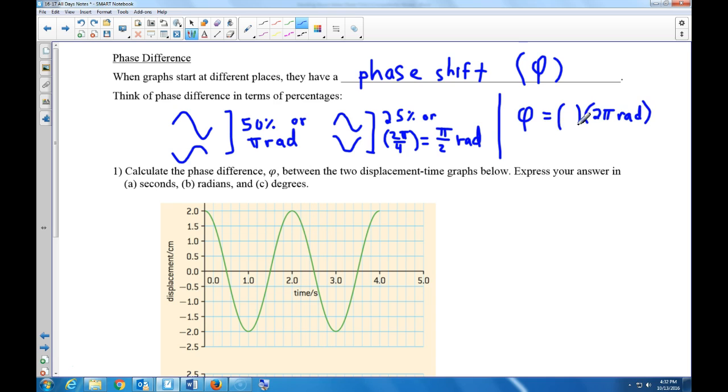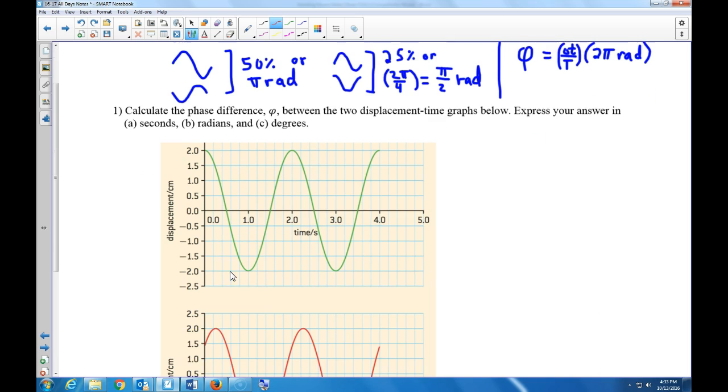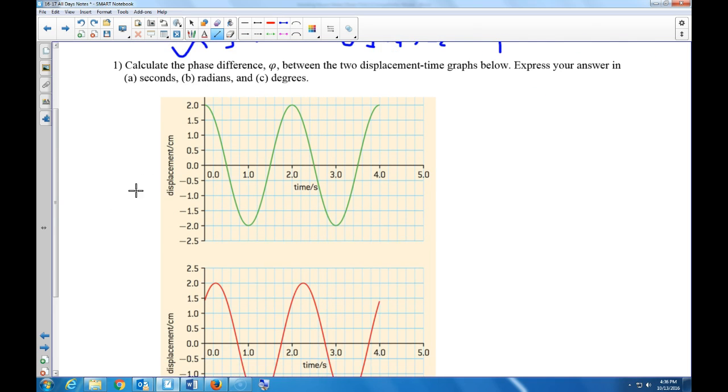The fraction is the difference in time between the two graphs divided by the time for one full cycle. So delta t over big T gives us the fraction of a cycle that the graphs are off by. When we take that fraction and multiply by 2 pi radians, now we have what fraction of 2 pi separates the two graphs. So this is a very visual thing.